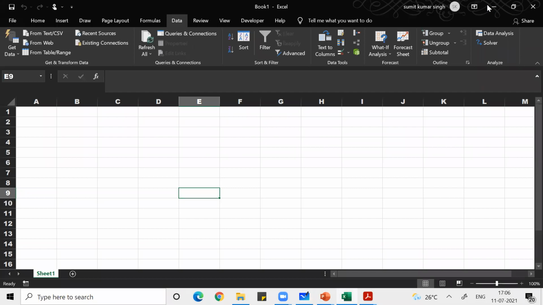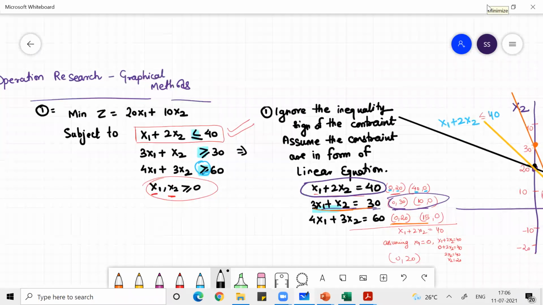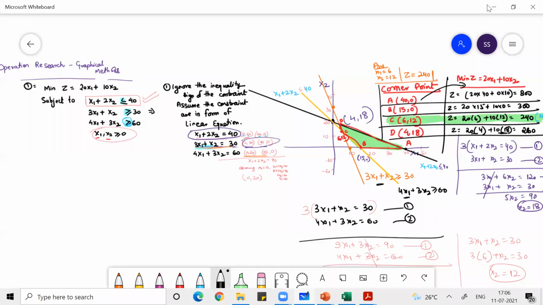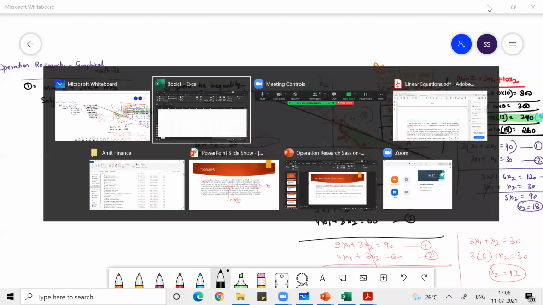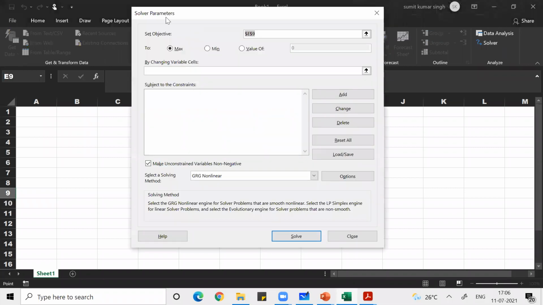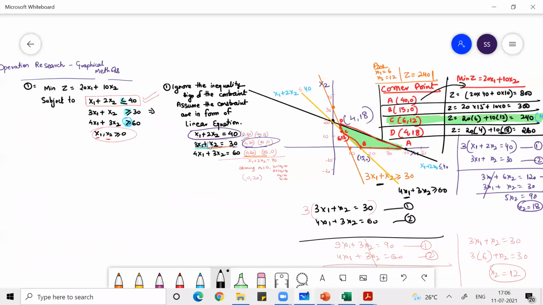I do Excel training in many colleges in Bangalore. If you bring a laptop someday, I'll do the same thing in MS Excel. By using the Solver function in Excel, we can do it very easily. Let me know next class if you bring a laptop, I'll do it for you.